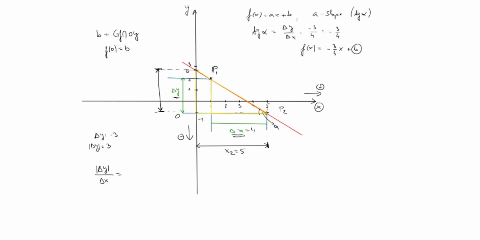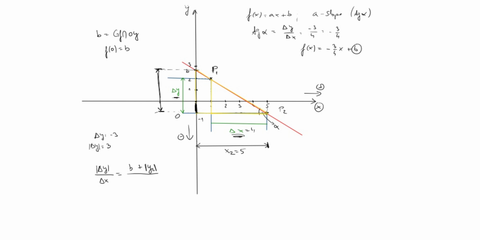equals, so delta y over delta x will be this distance here, and this distance is actually the distance from the origin to B, which is b, plus the distance from the x-axis to P2, to the y coordinate of P2, which is the absolute value of y2.